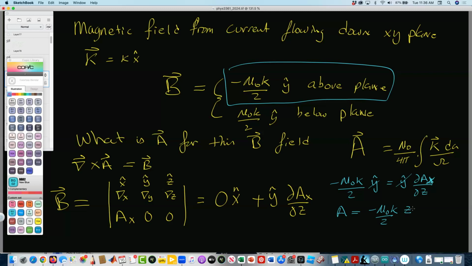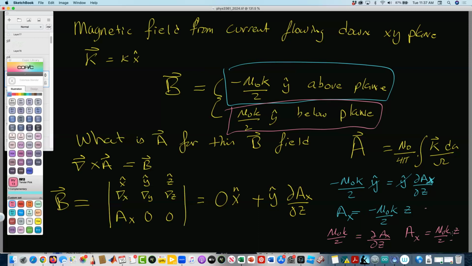Yeah, okay, that's above. And then below, same idea. We get positive mu 0 K over 2 is equal to partial AX partial Z, giving AX, oops, this should have been AX here, sorry about that. AX is equal to a positive mu 0 K over 2 Z. Yeah, this is above.